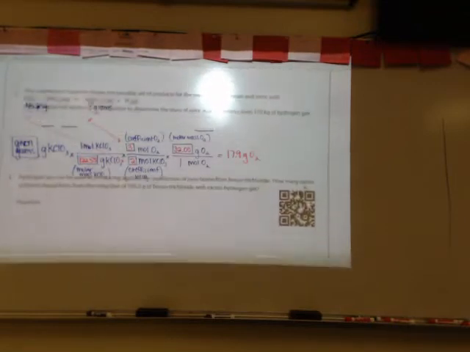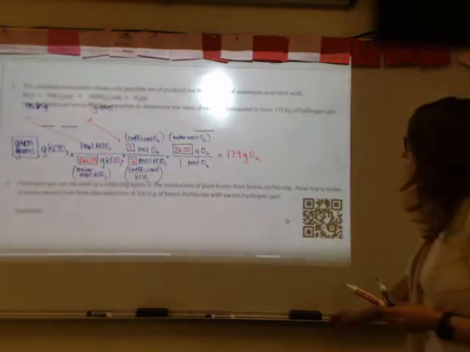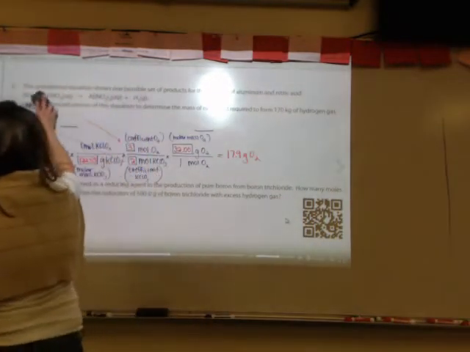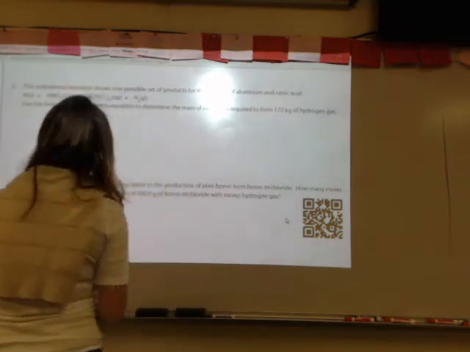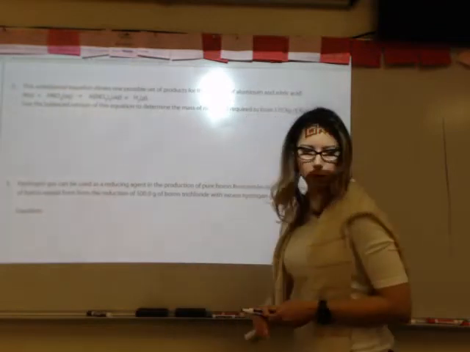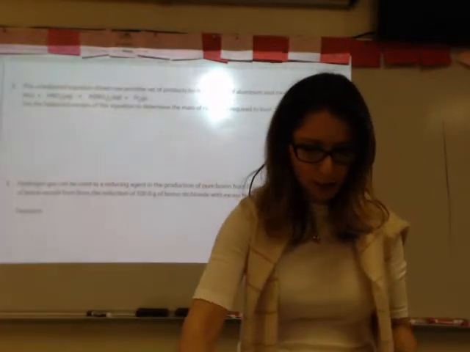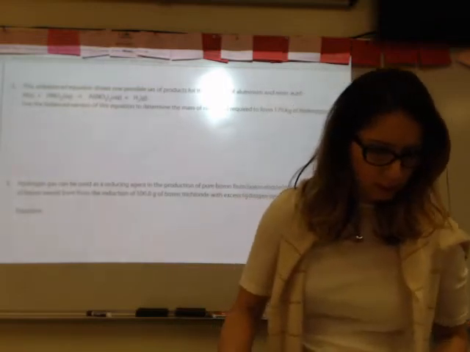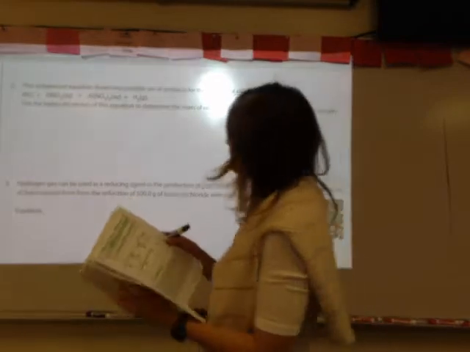Okay, let's go on to number 2. For number 2, it says the unbalanced equation shows one possible set of products for the reaction of aluminum and nitric acid.